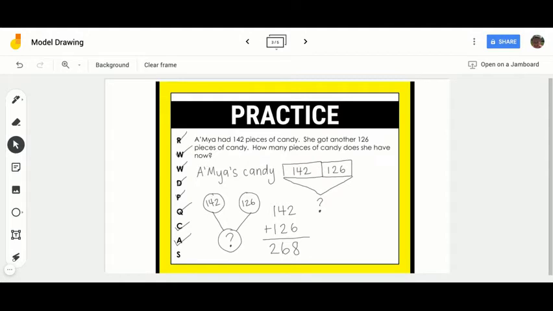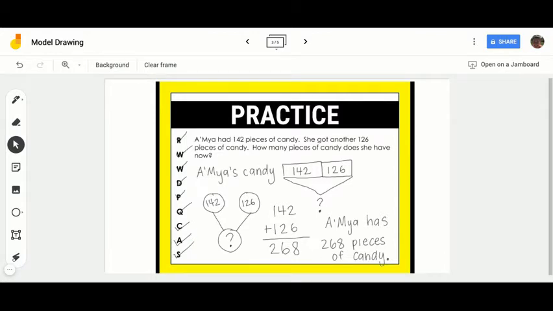I will say Amaya has 268 pieces of candy. And it is a sentence, so I have to start with my capital letter, end with my period, and I can check off my S.